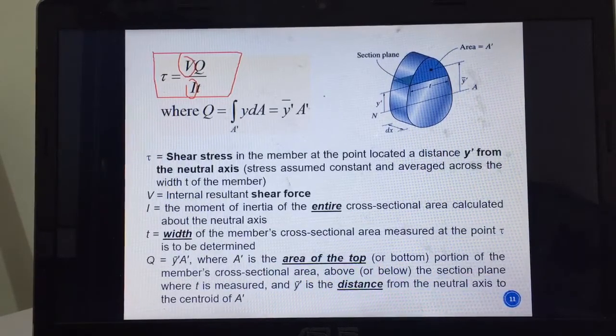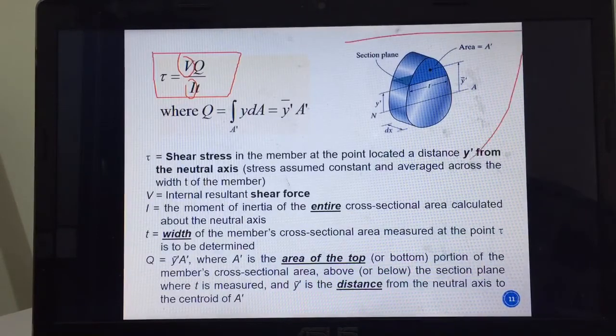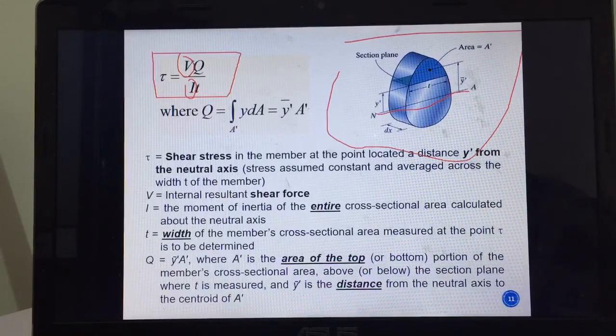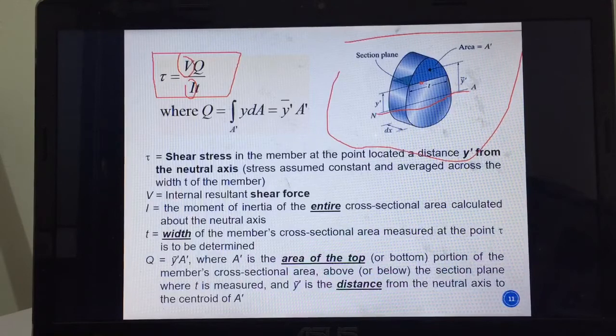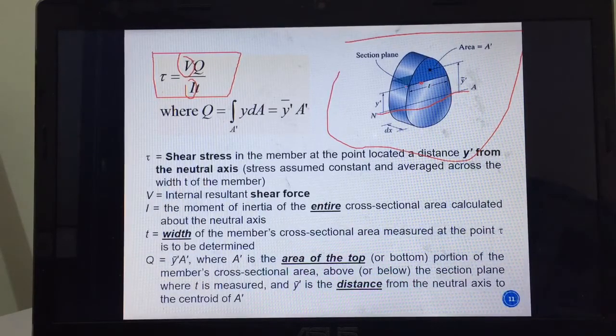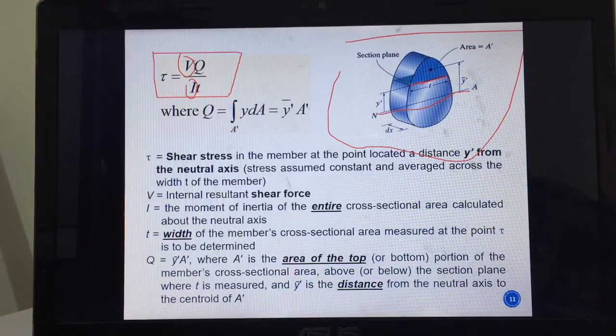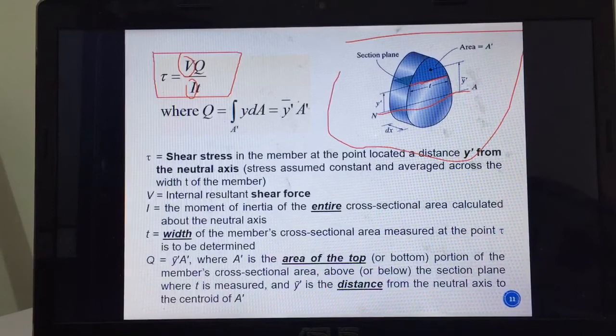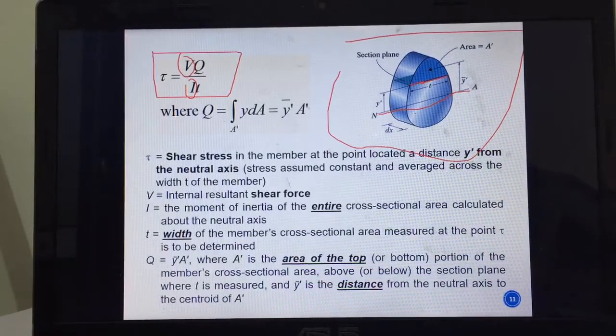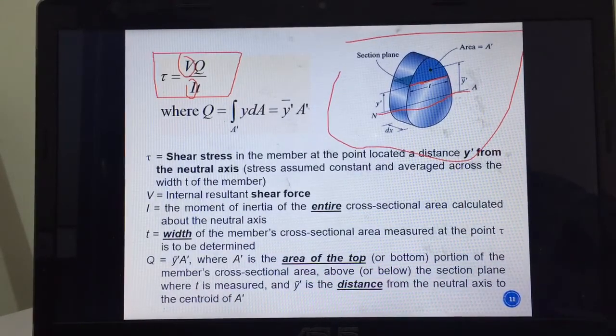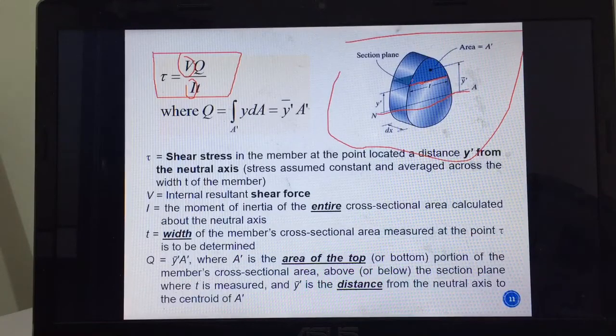So t, okay, we go back to this figure. This is the neutral axis. If you want to find the shear stress at this point, for instance, you have to draw a line parallel with the neutral axis. This is the thickness t. And Q is this remaining portion area, this area A prime.